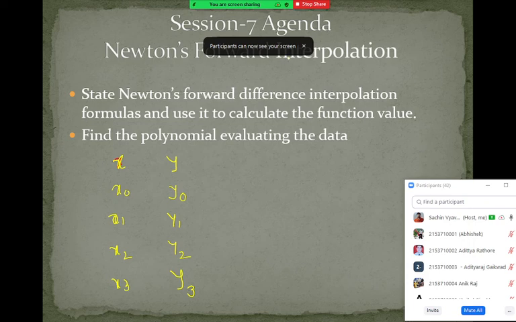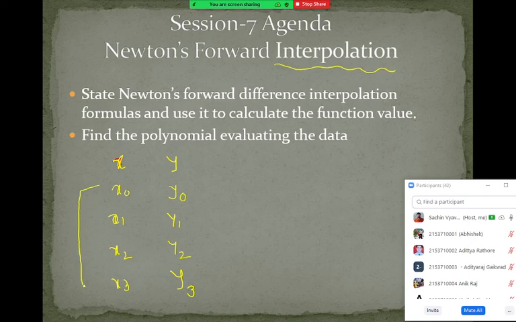Now, what is interpolation first? Interpolation is a method in which we find the missing value of y for a given value of x. But what is that missing value? We are given the values of x from x0 to x3, so the values of x are available in the interval x0 to x3.